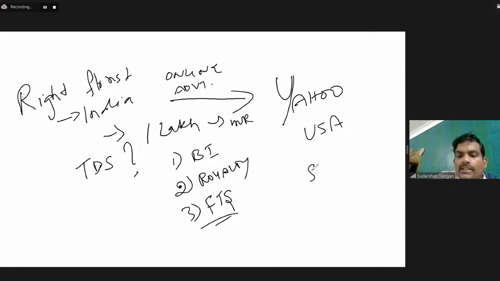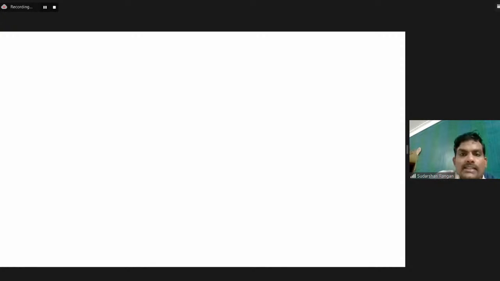This will come under section 195, withholding of taxes: any payment made by any person to a non-resident. This is a non-resident, no doubt about it. So now what? 10% TDS, Sandeep says, assuming fees for technical services. Let's analyze it.